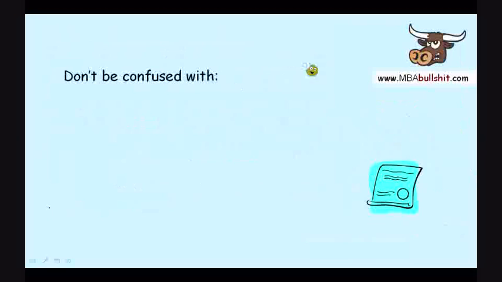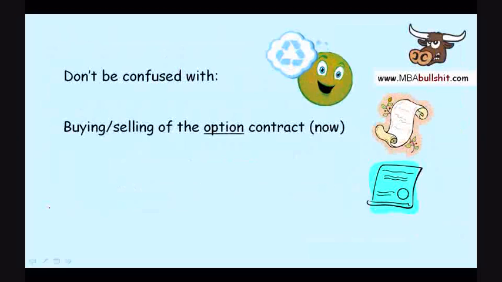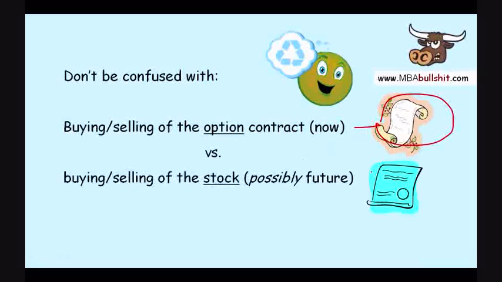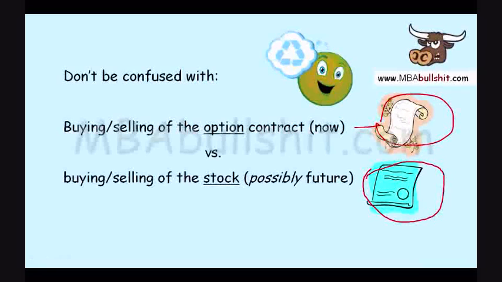Very important. Don't be confused with the buying and selling of the options contract, which happens right now, versus the buying and selling of the stock, which is possibly in the future if the man wants to use the contract. So don't confuse those two things.